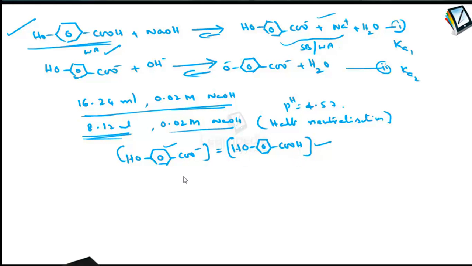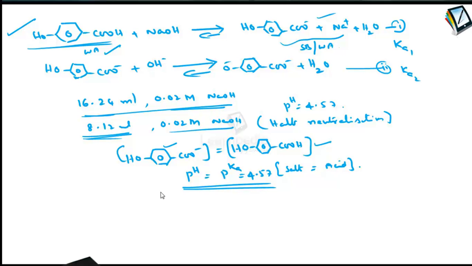Since this is an acidic buffer with this condition, pH is equal to pKa. Since salt concentration is equal to acid concentration is the very important point to be understood. And that is given as 4.57. So therefore, we have pKa1 as 4.57.